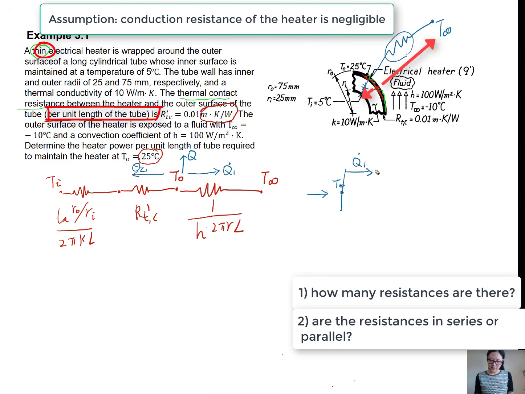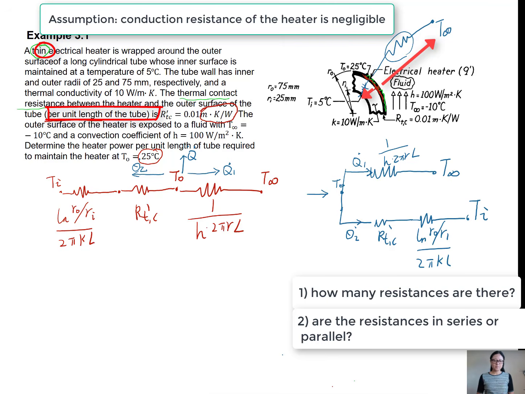One part goes to the convection resistance and reaches T infinity. This is 1 over h 2 pi R L. The other part goes to the contact resistance and the conduction resistance and reaches Ti. Since Q1 and Q2 are parallel, Q is the summation of Q1 and Q2.